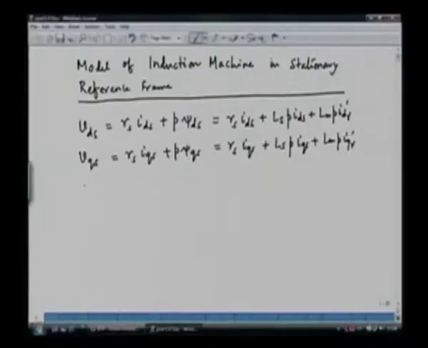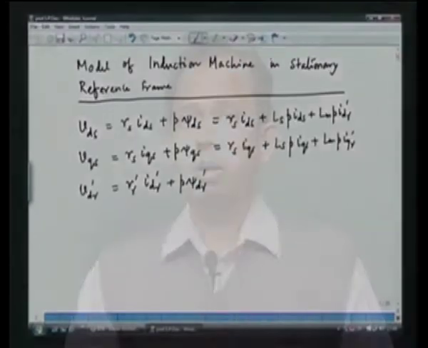Similarly, for the rotor, we can write down the equation for the rotor here. VDR prime equals RR prime IDR prime plus P psi DR prime, and the rotor will have a rotationally induced EMF, and the rotationally induced EMF will be a function of the speed of the rotor.